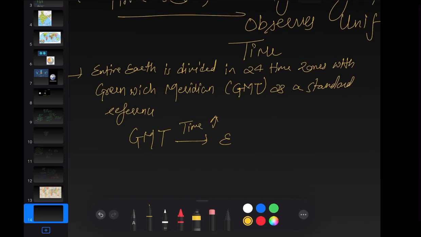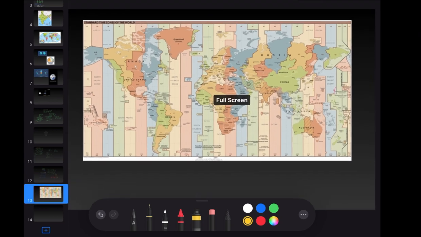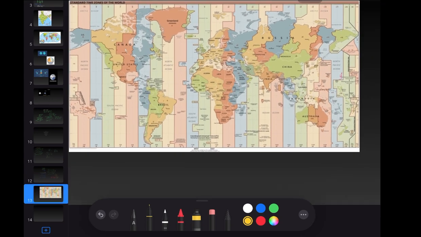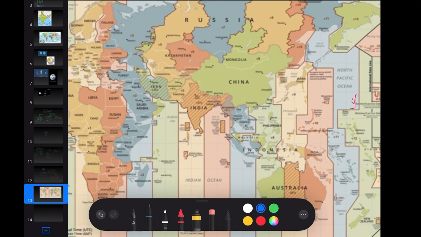Let's understand this. This is the time zone map. As you know, the sun rises in the east and sets in the west. So regions in the east experience earlier sunrise than regions in the west. Any country which has a higher longitudinal extent, like China, has more longitudes passing through it, so such countries have a higher number of time zones.